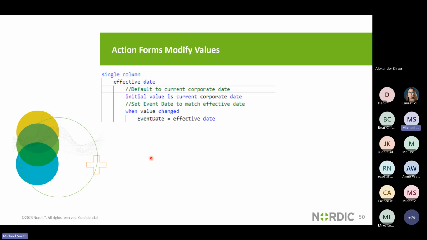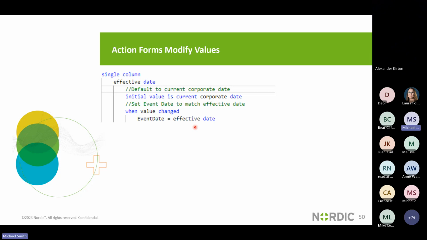I could do multiple fields here, and they don't have to be set to effective date. I could set event date to effective date plus a week, or whatever logic you want to put in. But it's fairly simple logic to put on the form itself to, one, default the values, and two, update other fields when one value's changed.